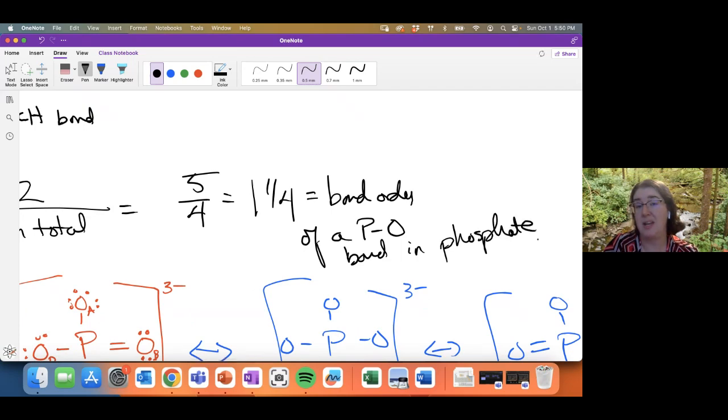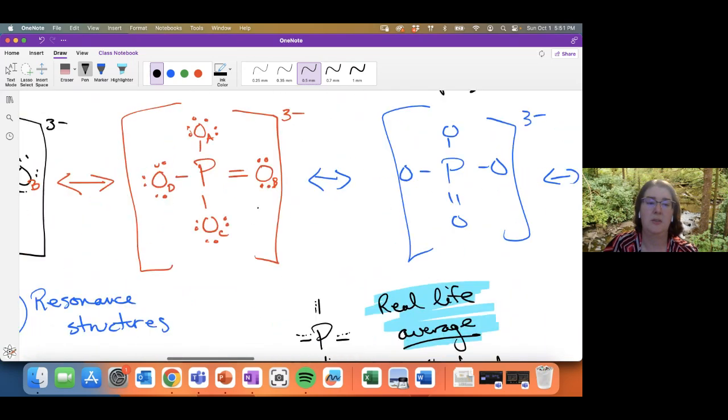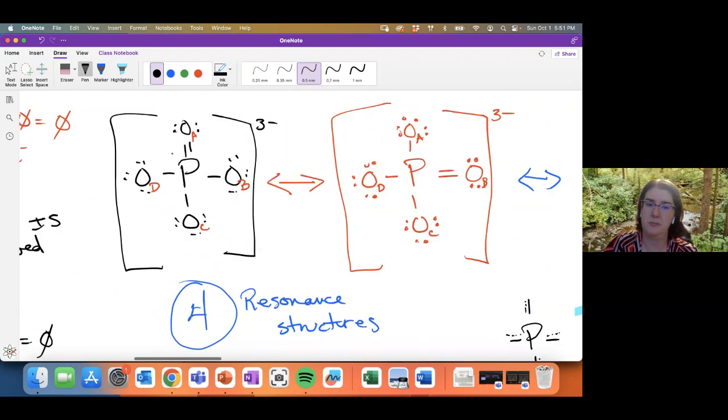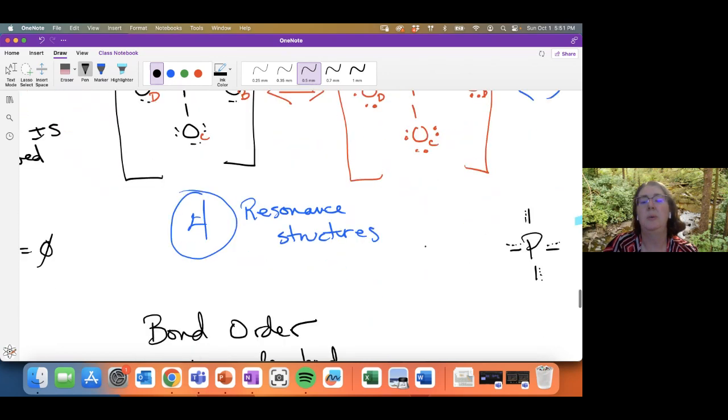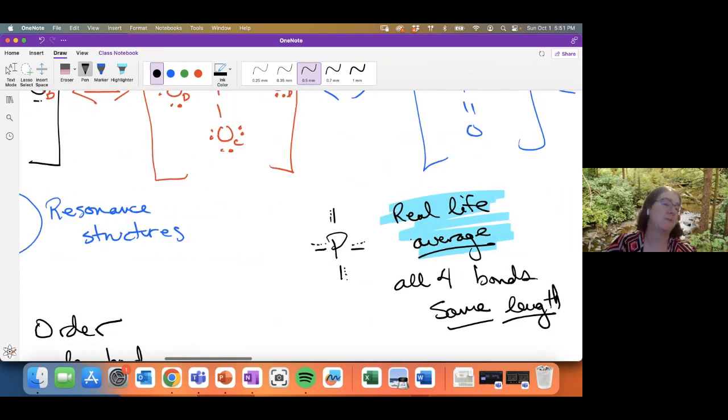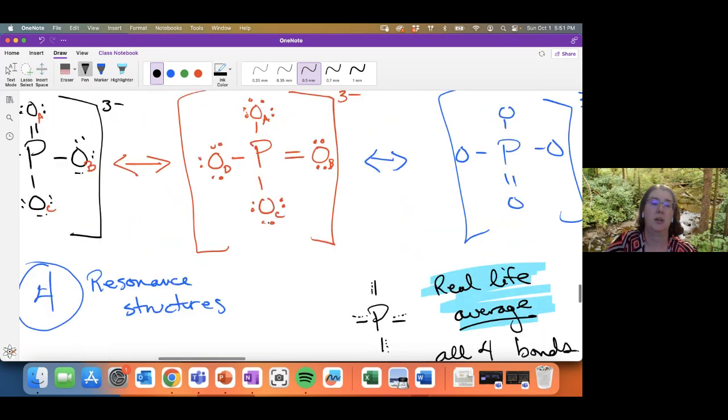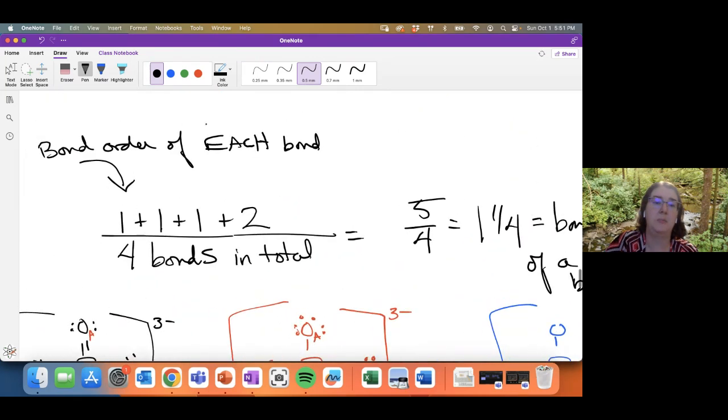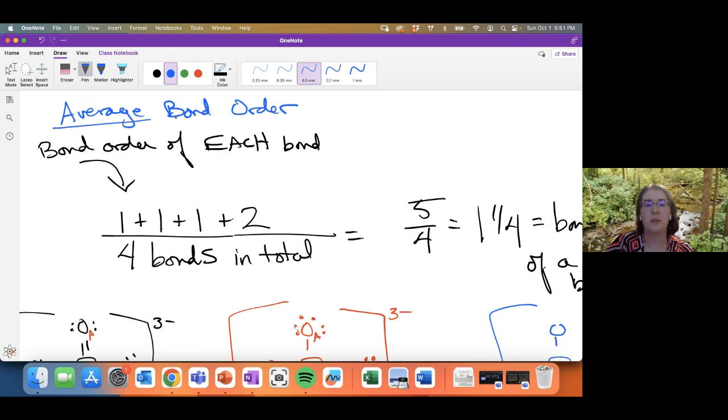So I'm going to walk through that again. So we have our beautiful structures, double bond on top, or the side, or the bottom, or the other side. We really want to describe what it is in real life, which is an average. In order to describe an average, I'm essentially going to take an average bond order. So this thing up here is going to be the average bond order. So it's the total number of bonds that I have.